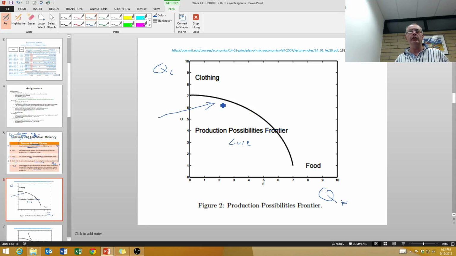Every point on this production possibilities curve is a consequence of the economy fully utilizing all of its resources, all of its inputs. So we said before that there's only one point on this production possibilities curve that is allocatively efficient.